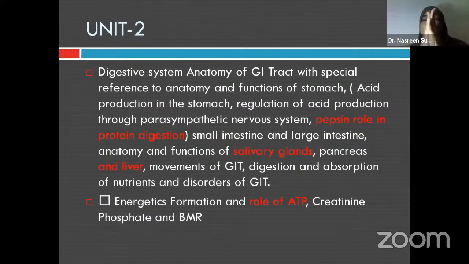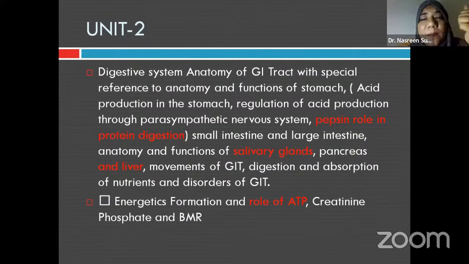So in short, you start from the mouth: anatomy, physiology. Physiology means mechanical digestion and chemical digestion. Mechanical digestion means what type of movement is present.